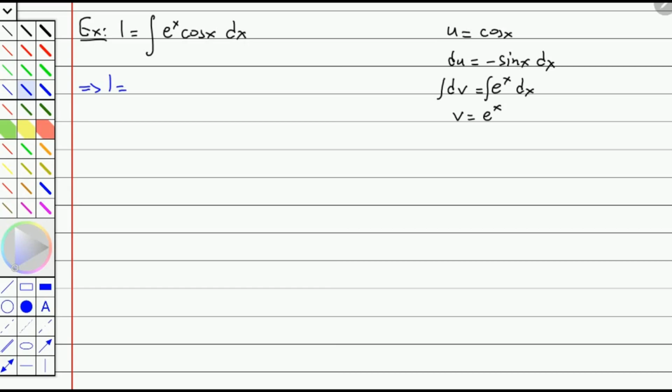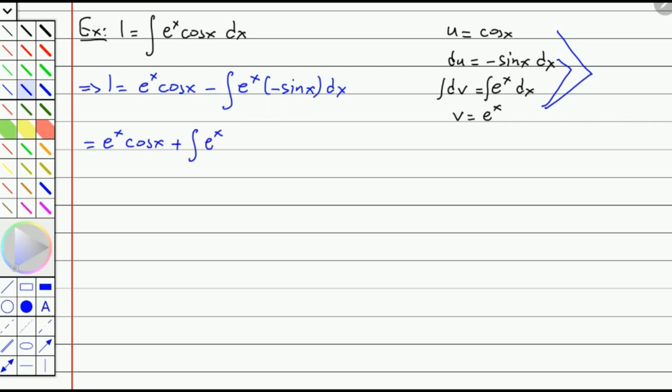So I is equal to u times v, so e to the x cosine x, minus the integral of v times du, which is e to the x times minus sine x dx. We can take this negative sign on the outside, equals e to the x cosine x plus the integral of e to the x sine x dx.